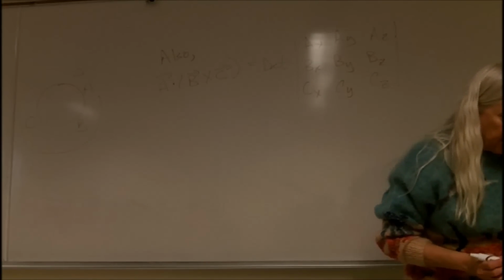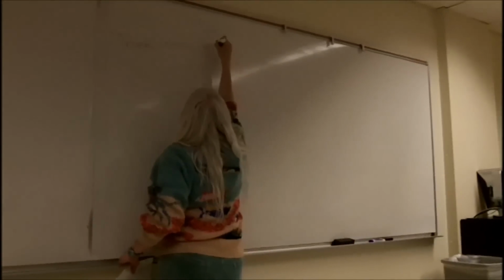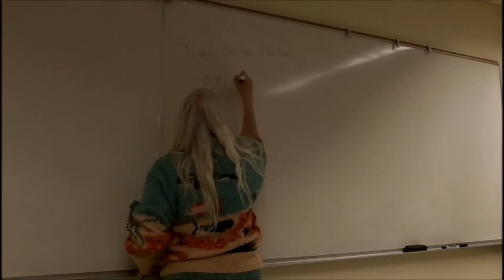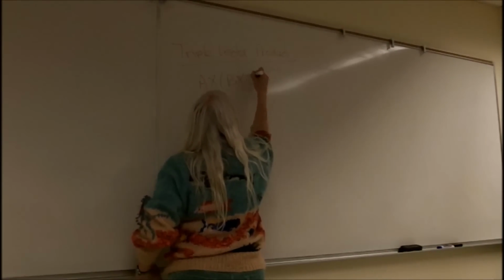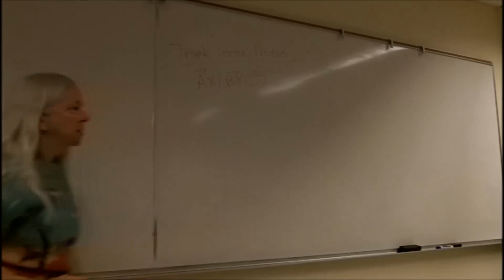Okay, so let's look at the triple vector product. So this is something like A crossed into B cross C. Right? So both products are cross products in this case.